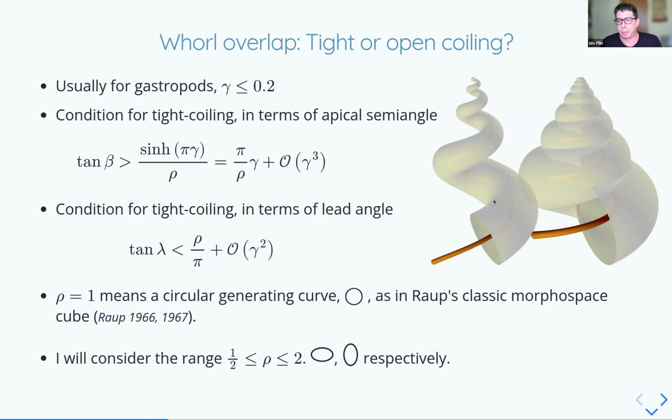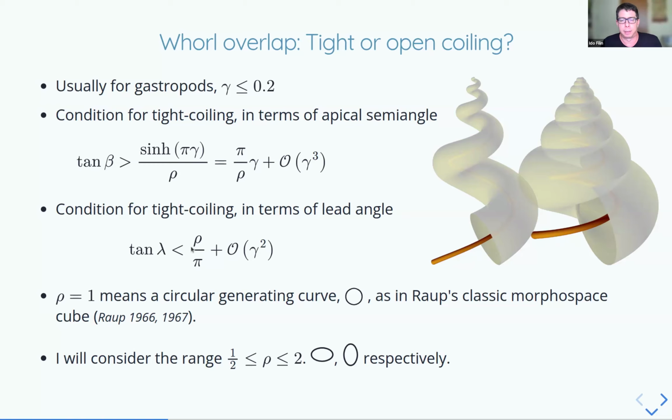The open coiled clearly has a much faster expansion rate, so much higher gamma. But the same condition for open coiling or tight coiling can also be described by the lead angle, by the slope of this centerline spiral.